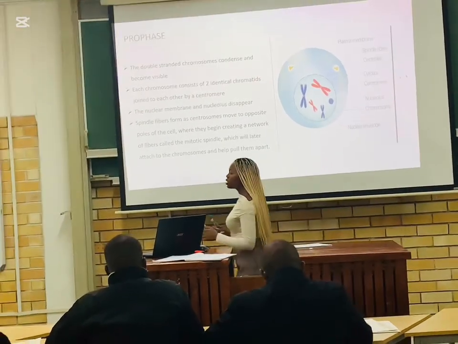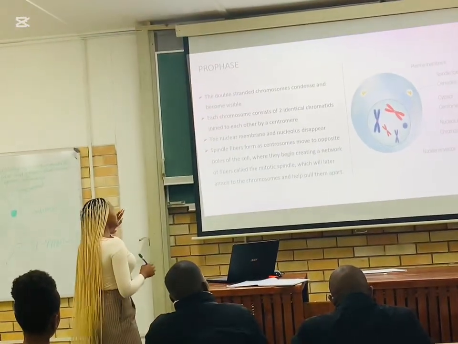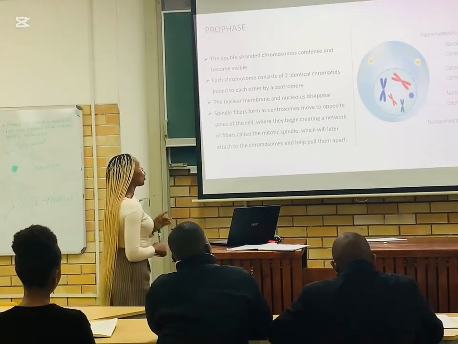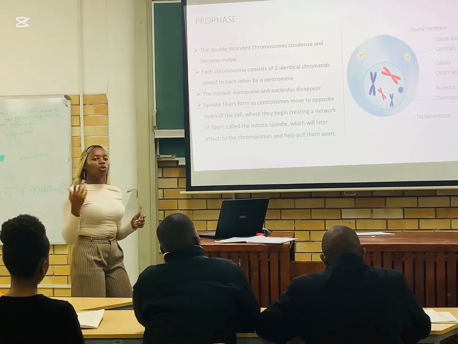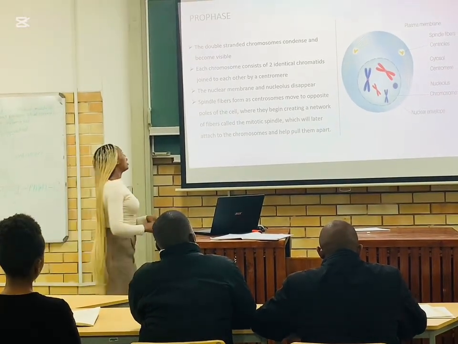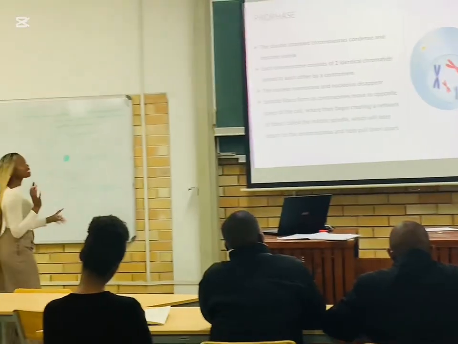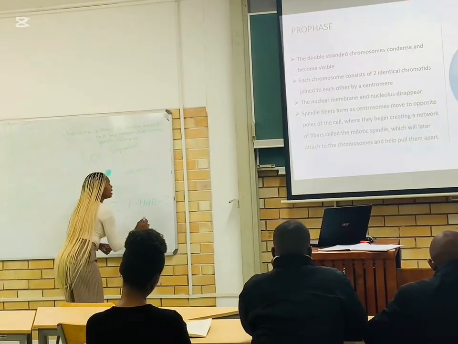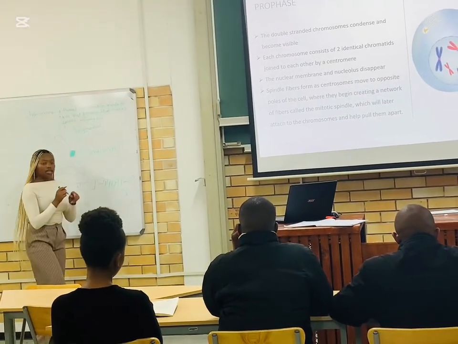Okay, so now let us move to what happens in prophase. What happens is that the double-stranded chromosomes condense and become visible. When we say they condense, we mean that they shorten and become thick, right? So in the first stage of the cell cycle, which is interphase, this is how our cell looks like. Okay.